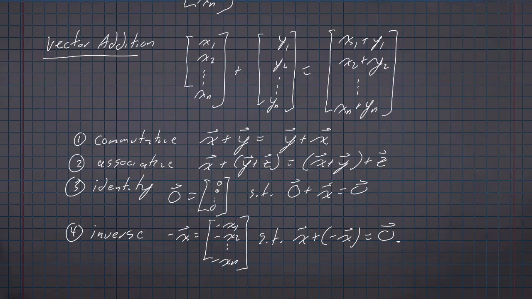It's not a guarantee that these properties will actually hold for any arbitrary vector space. So you do have to look at the vectors and figure out, does it actually work? Does our definition of vector addition actually satisfy the commutative, associative, identity, and inverse properties?